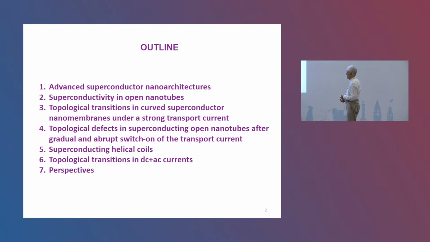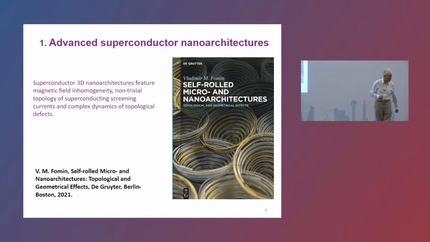Then superconductor helical coils, and most recent, still ongoing research on topological transitions in modulated transport currents in such nanoarchitectures. At the end, when I have time, I will speak about perspectives.